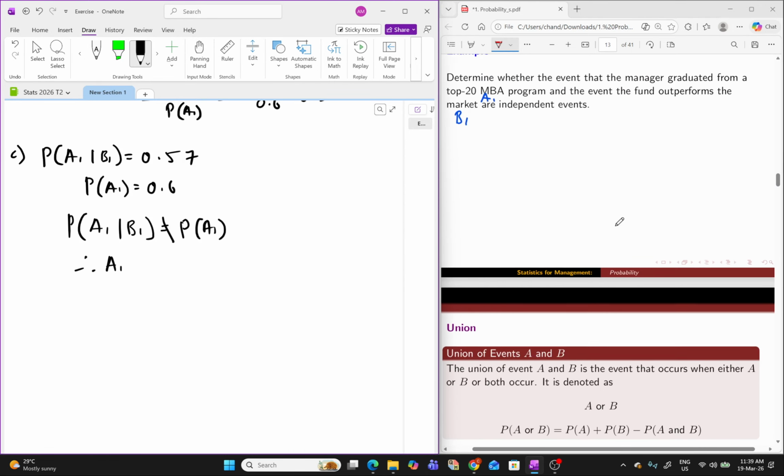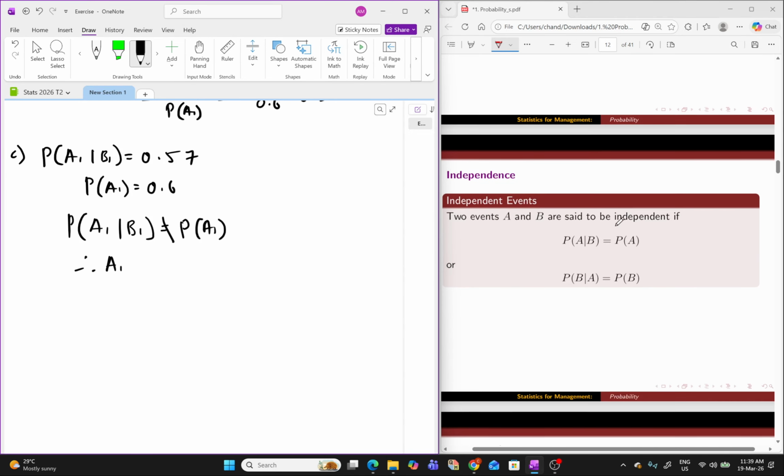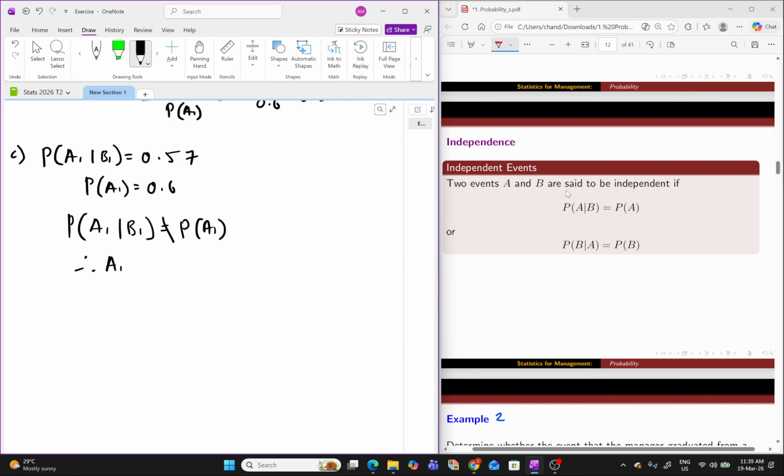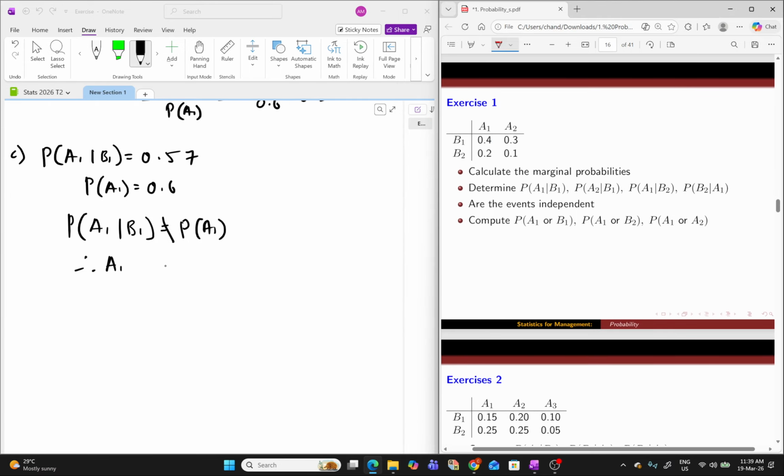Remember the rules, I hope you still remember: two events A and B are said to be independent if the probabilities are equal. If not equal, not independent. So A1 and B1 are not independent.